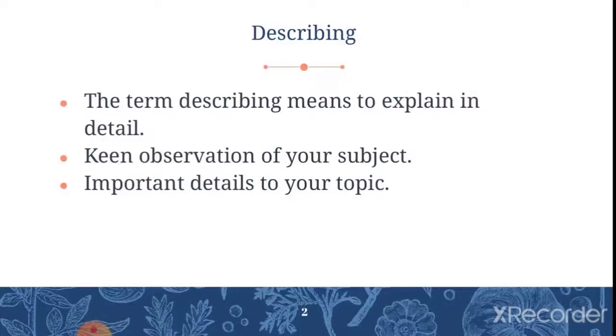Suppose you are talking about education in India, okay, so you have to study the current scenario, you have to study the past scenario, you have to study what are the future benefits. So you have to search for important details of your topic, which are related to the topic.